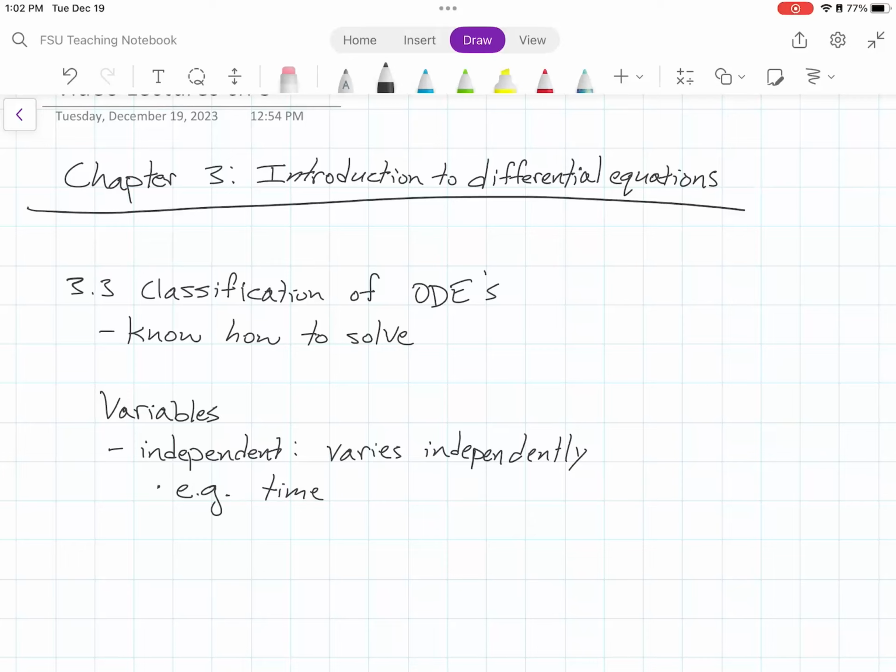You also have dependent variables, which do depend on the independent variable. So the value of a dependent variable depends on the independent variable.